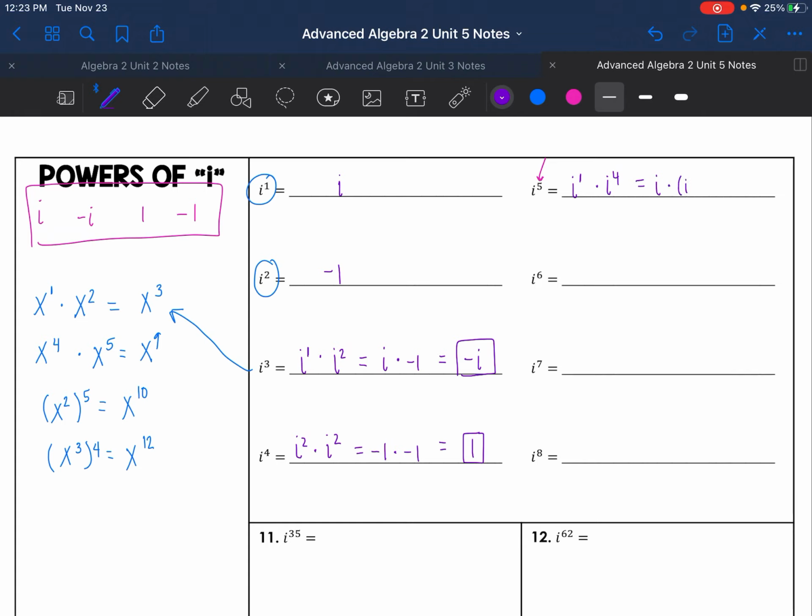What if I do this? What I just wrote right here, is that i to the 4th? It is, because with your exponent rules, remember, you multiply them. What is i squared? -1 squared.